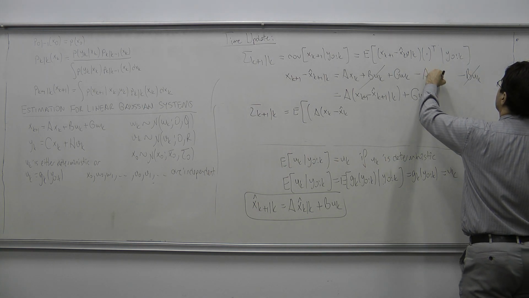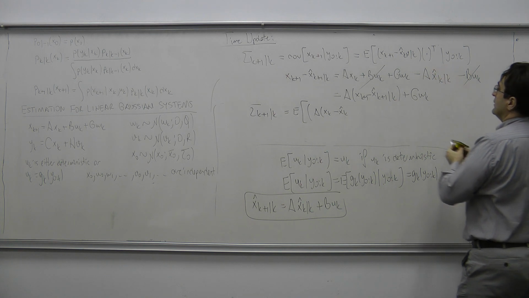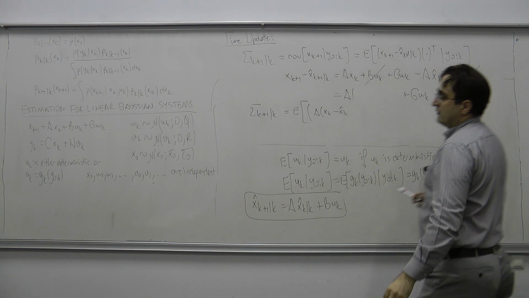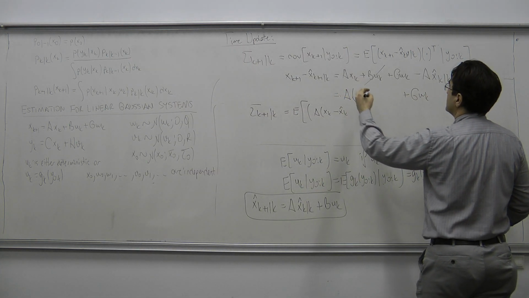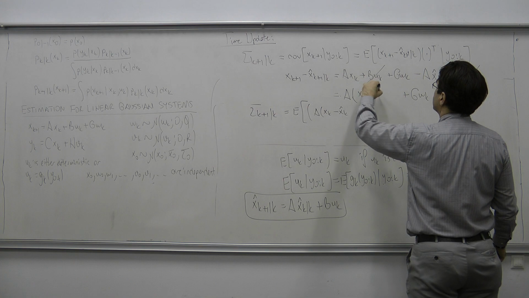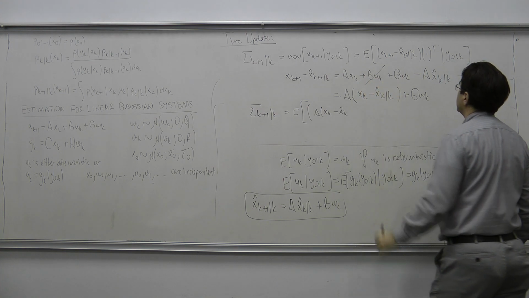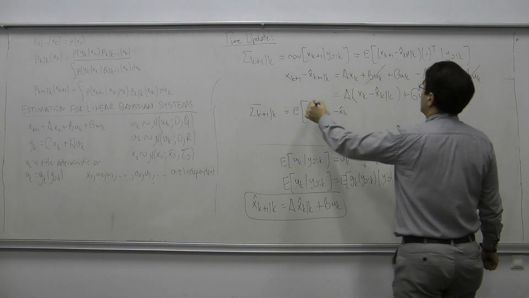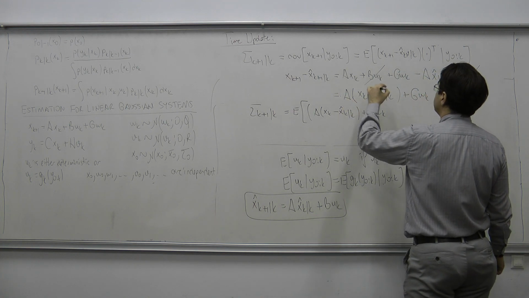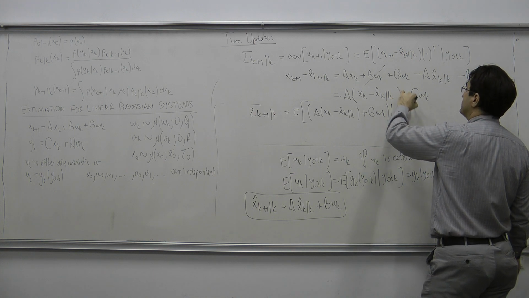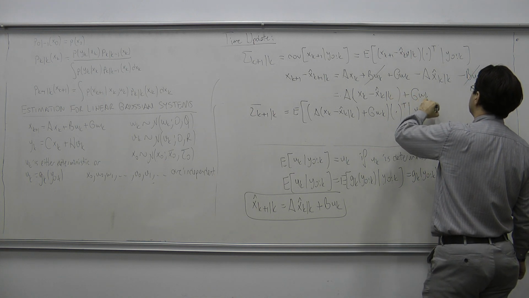This is going to be x hat k given k. And as a result, in this parenthesis, there has to be a less stupid term, xk minus x hat k given k, like this. So I would have this, A times xk minus x hat k given k, plus Gwk, and I would have the same term transposed, given y0k.